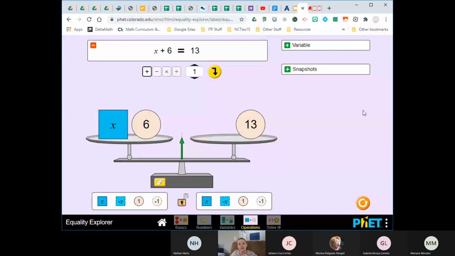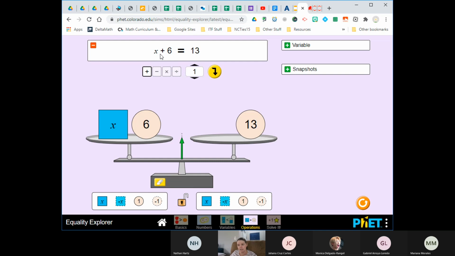So let me show you why we do that real quick. Let's say we have the equation x plus 6 equals 13, and I want to know what x is equal to. In order to figure this out, I am going to undo this plus 6.